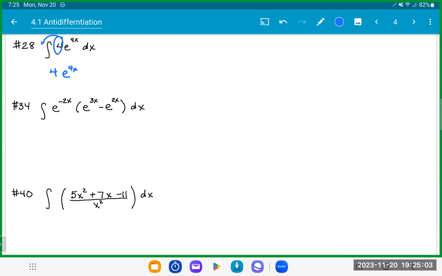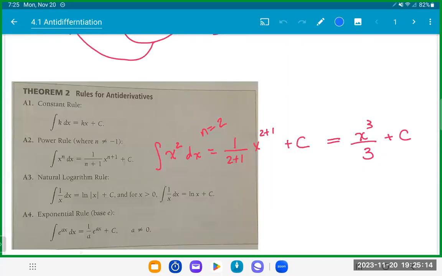Well, what is our derivative of e to the 4x? It's simply going to be, let's look over here, 1 over a.